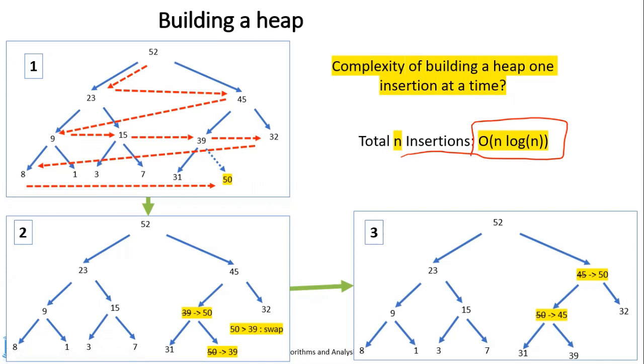However, is there a faster way of making a heap? And again, we went through this in 210, and I mentioned the name of the function that we used, but we didn't really go through that function in a lot of detail.